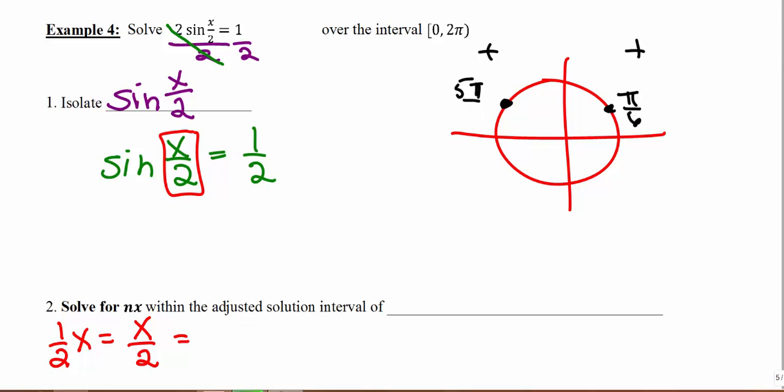Well, before we do that, let's go back and look, where are we actually supposed to be solving for x divided by 2? So we're supposed to adjust our solution interval before we decide what the solutions for x over 2 would be. Well, the original interval for x was in between 0 and 2 pi, so let's write what that interval would look like in the form of an inequality.